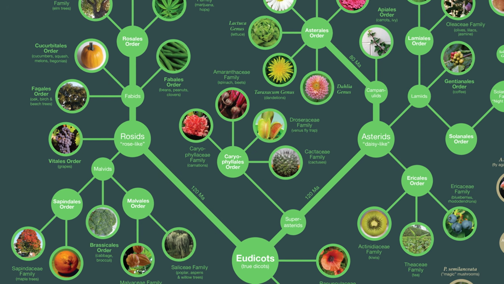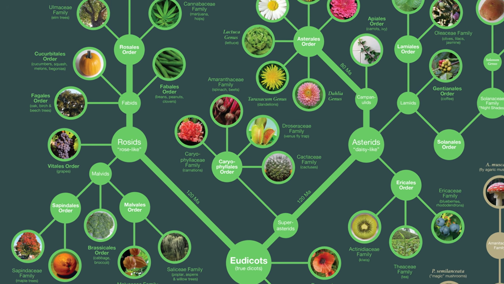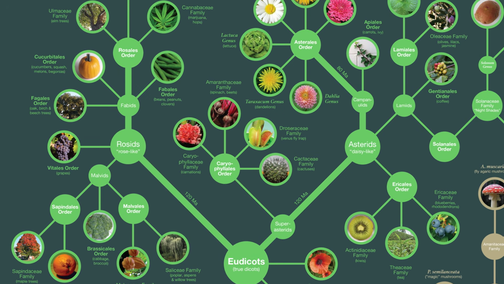We've already run across trees in the conifer section, but those were the evergreen ones. When it comes to deciduous trees, meaning those that lose their leaves in the autumn, they are mostly found here among the rosids, such as elms, oaks, maples, and willows. However, rosids also include many edible plants, such as squash, beans, grapes, citrus fruits, and cacao, which is used to make chocolate.